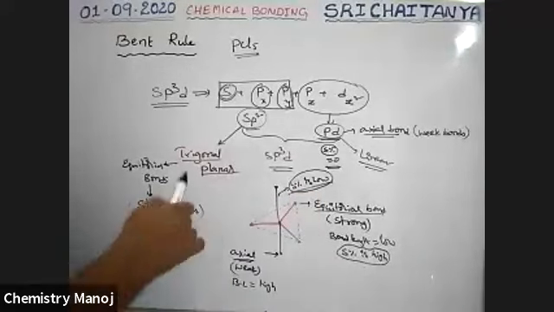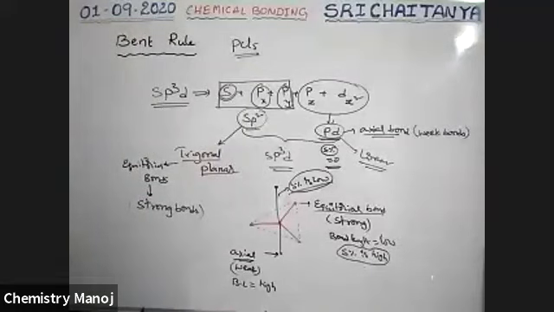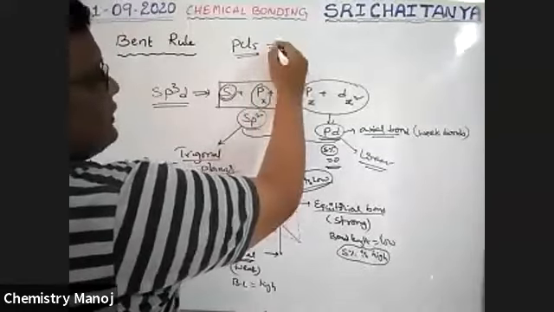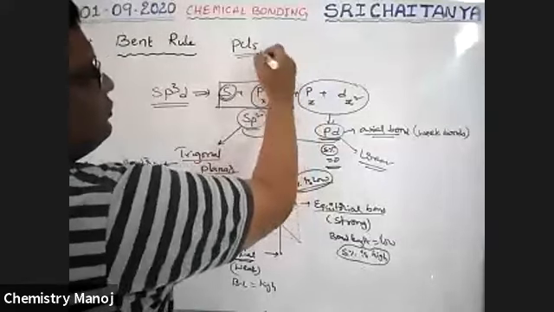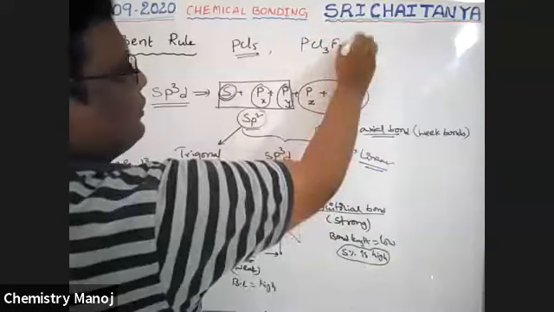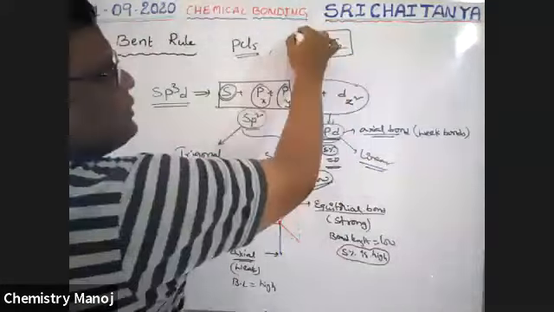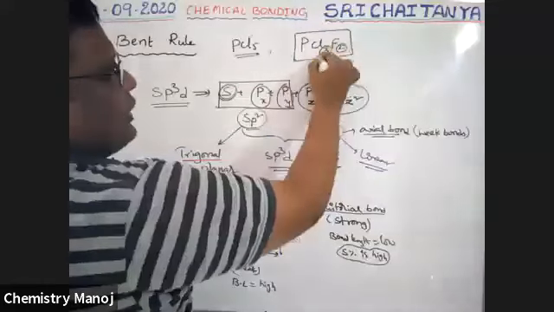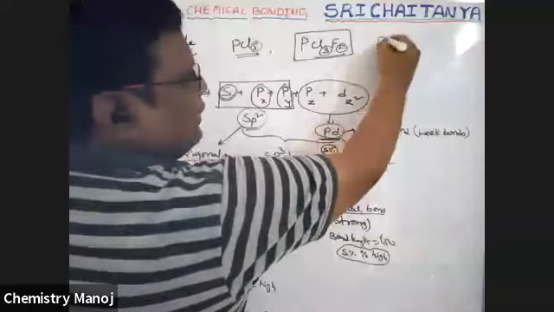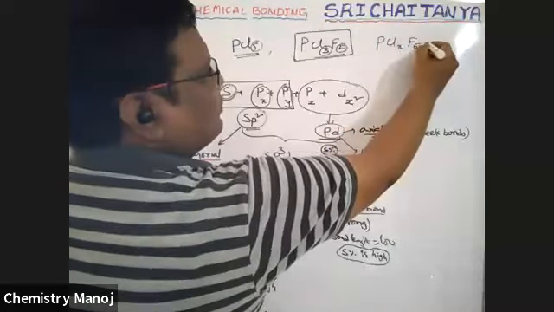But if different atoms are attached, for example PCl3F2, this is the molecule, boys. That means 3 chlorine atoms and 2 fluorine atoms, 5 altogether. That means PClxF(5-x).